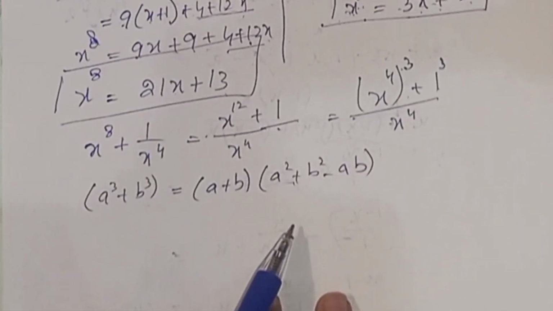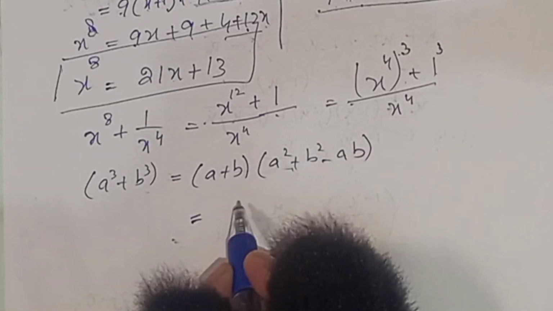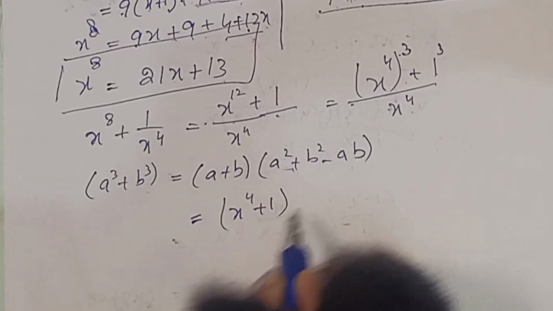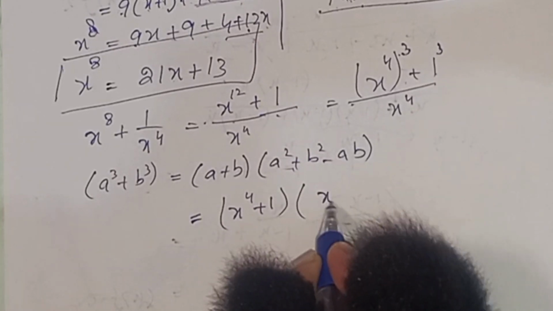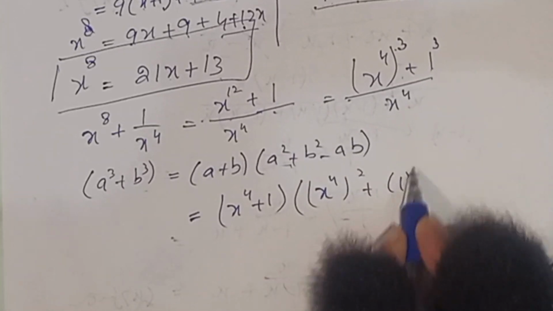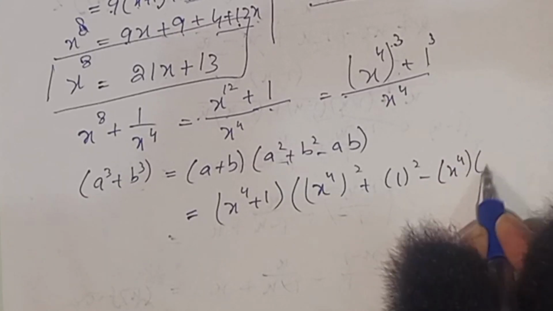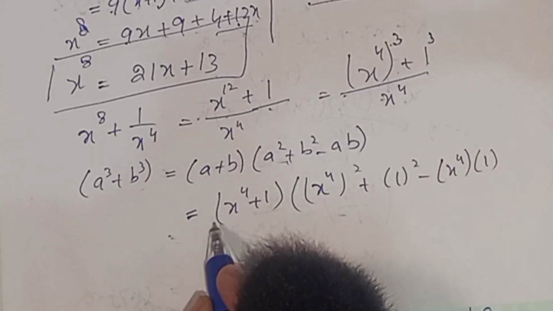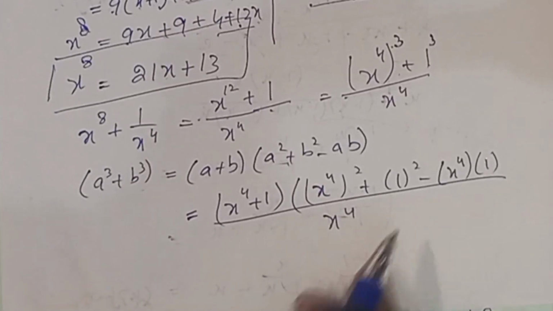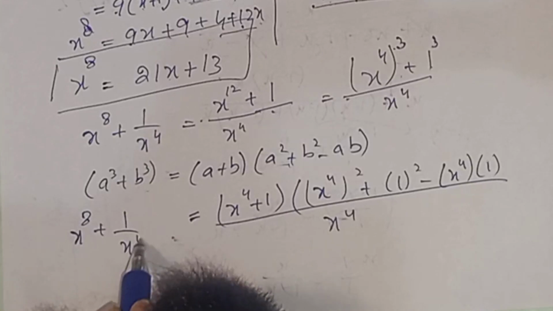This will become (x^4 + 1)((x^4)^2 + 1^2 - x^4 × 1), and the denominator is x^4. It's equal to (x^8 + 1) over x^4.